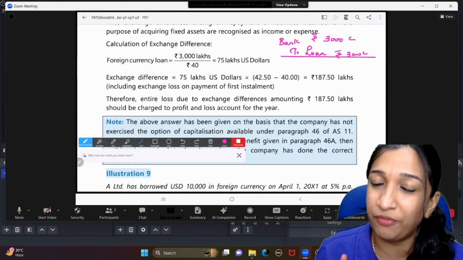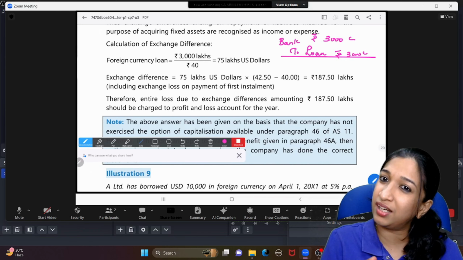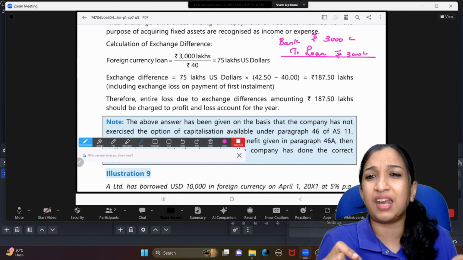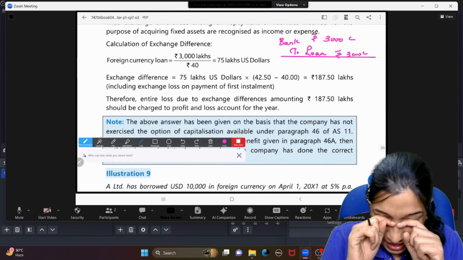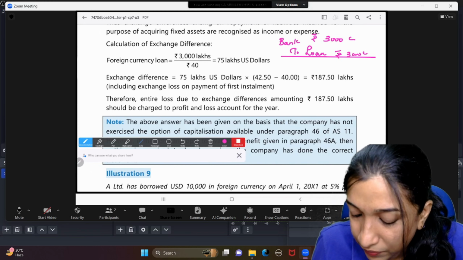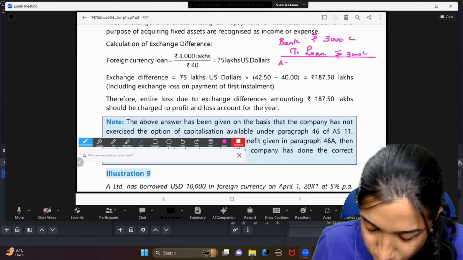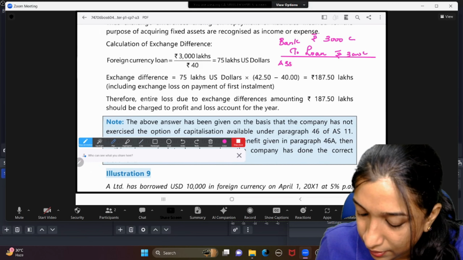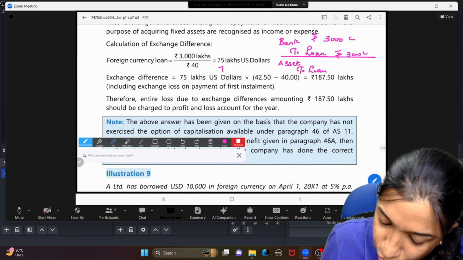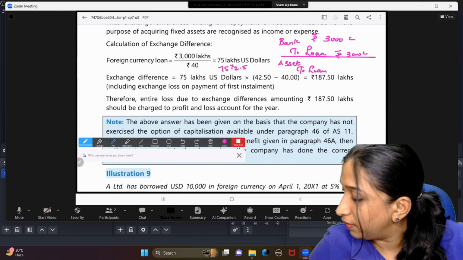Is the loan taken to acquire fixed asset? Yes. And are you availing paragraph 46 of AS 11, that is MCA notification provisions? Yes. Then it is okay. We'll pass asset to loan. How much? 75 into 2.5.